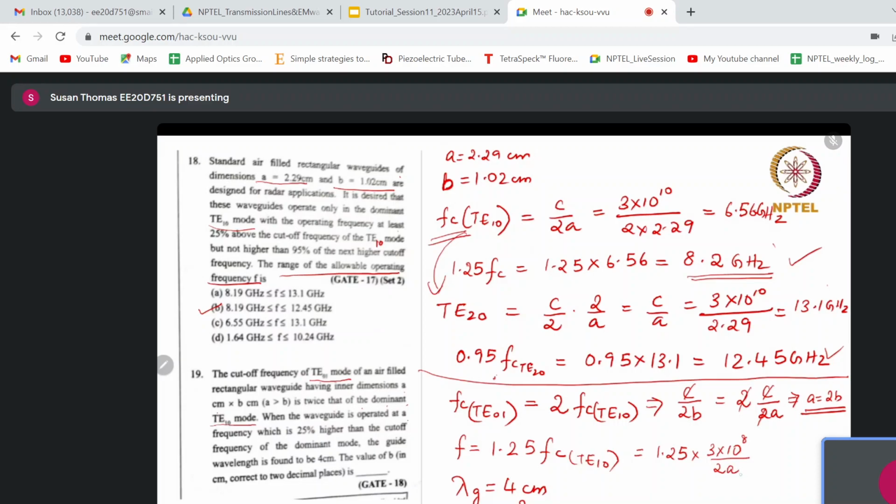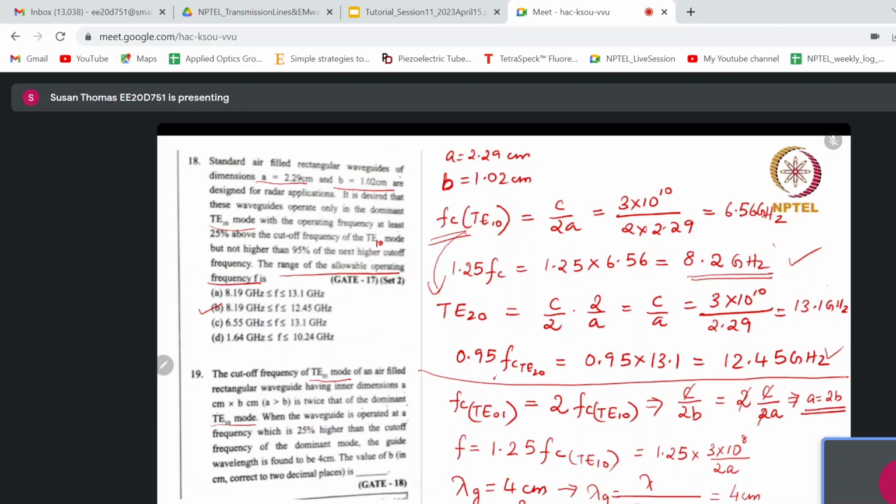Now for this particular operating frequency, the guide wavelength is known to us. So if you know the expression of guide wavelength, lambda g is equal to lambda by square root of 1 minus fc by f the whole square. Here fc is the cutoff frequency and f is the operating frequency. So if you substitute the values of these two, this is going to be 4 centimeters.